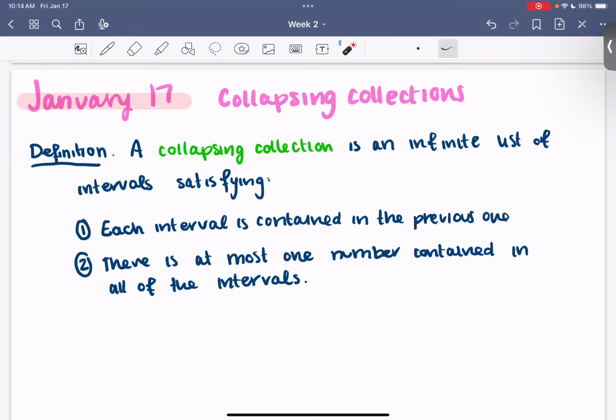Okay, so I'll start with an example. We wrote down this example last time, so we'll just check that this is a collapsing collection. So let's look at the list.